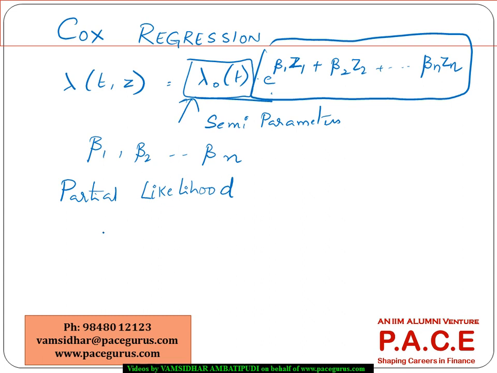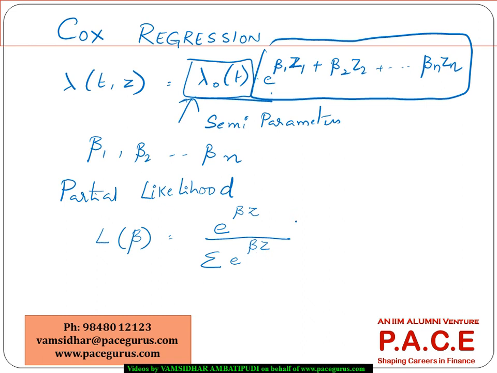When I'm talking about the partial likelihood, let's say for estimating my beta, I am talking about e power beta z divided by the sum of e power beta z.